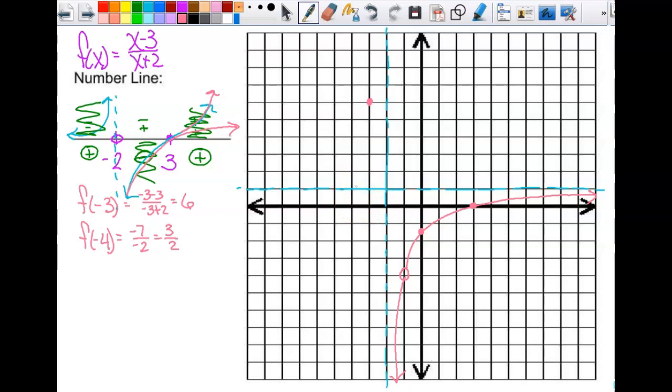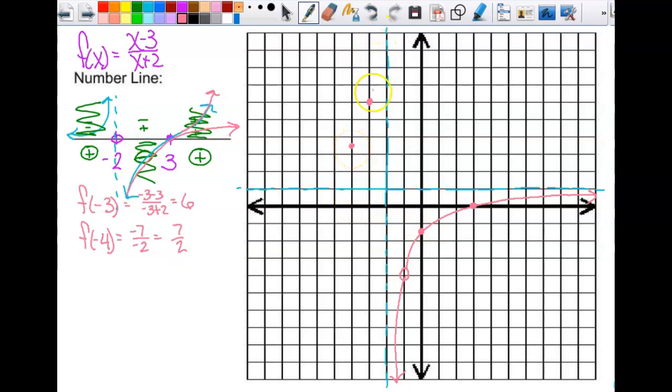Why do I feel like that's not right? Oh, that's right. Negative 4. Oh, it's not 3/2. Oh, what am I doing? That's why I'm confused. 7/2 doesn't become 3/2. It's 7/2. It becomes 3.5. That's why I was doing stupid things. Okay, negative 4 and then 1, 2, 3.5.